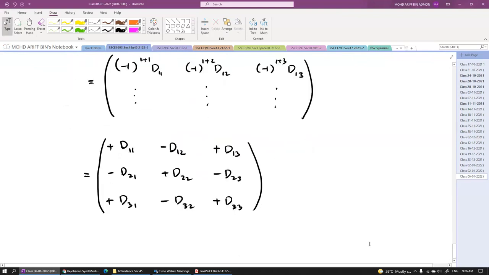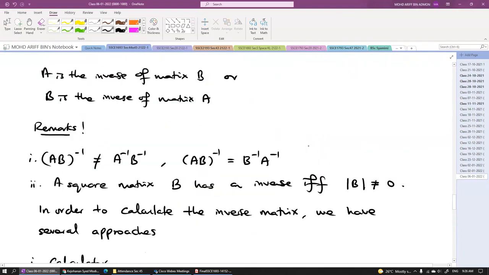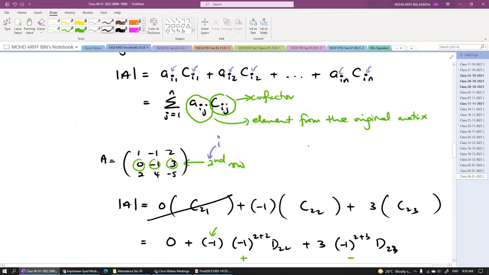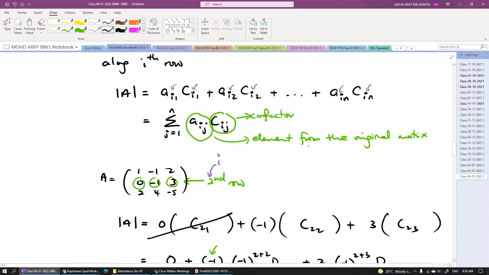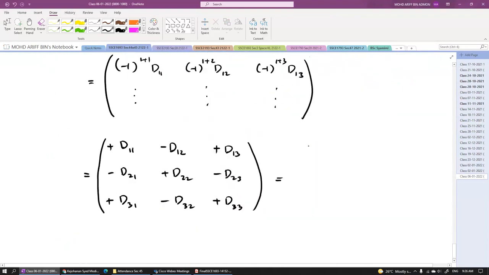So that's why at the end you just calculate the determinant of your submatrix D11. Do we have D11 before? What is our D11? -7. You calculate by yourself.